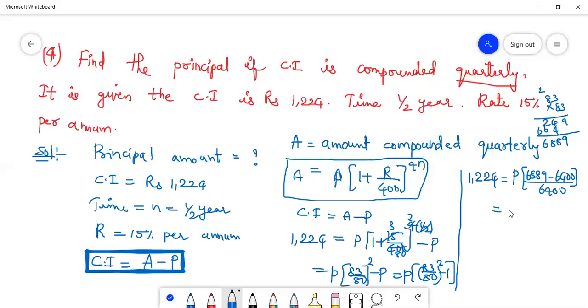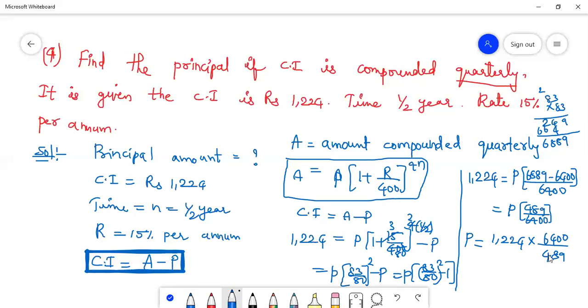It is equal to P into 489 by 6,400. And taking the cross multiplication, the principal amount P is equal to 1224 into 6400 by 489.